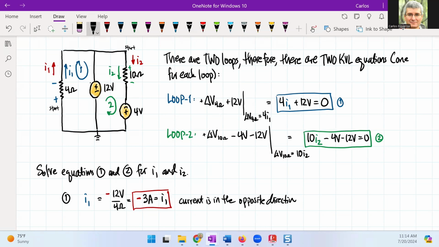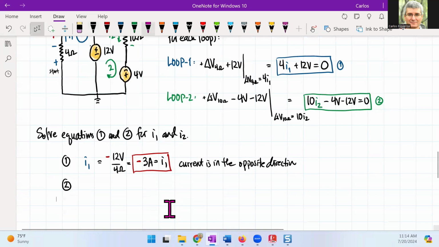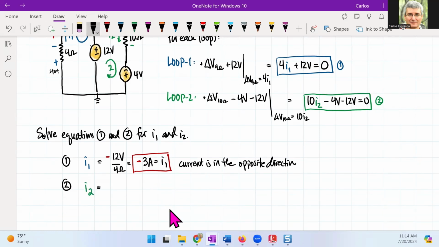So now if I go to equation 2, you could see that on the left side, I have minus 4 minus 12, that's 16. If I take it to the other side, that's a positive quantity. So then I'm going to find that I2 will be 16 volts divided by 10 ohms. And again, look at that plus sign.